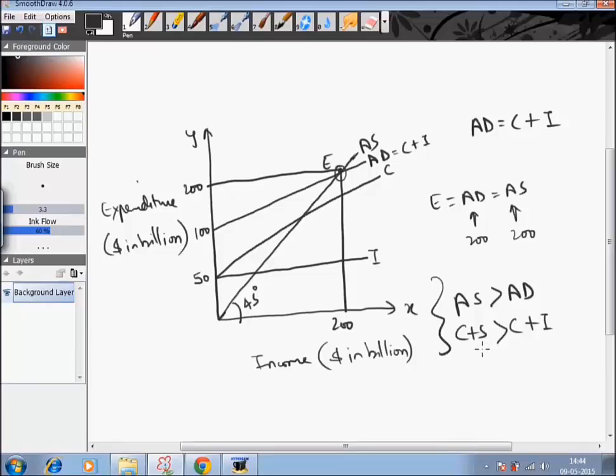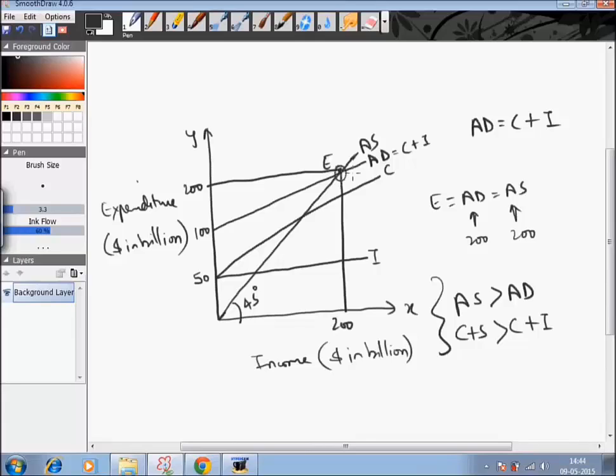As a result, the demand for factors of production will also decrease. This will reduce the income of the households, because the factor services are not being utilized by the firms, so from where will they get their income? This will reduce the income of the households and they will start spending less on goods and services. Now this process will continue until again the equilibrium point of $200 billion is reached.